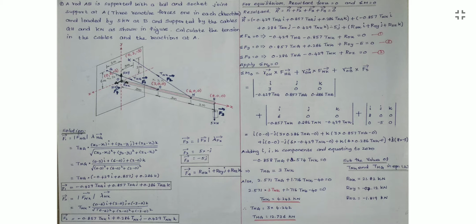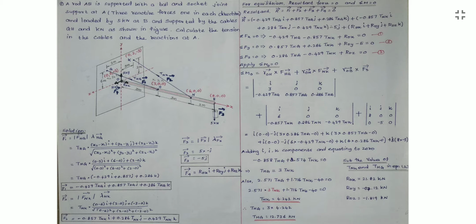Resultant means vector addition: add all the force vectors to get the resultant. Also sigma moment is 0. Moment at any point we equate to 0, and from the equations we can solve the unknown values.